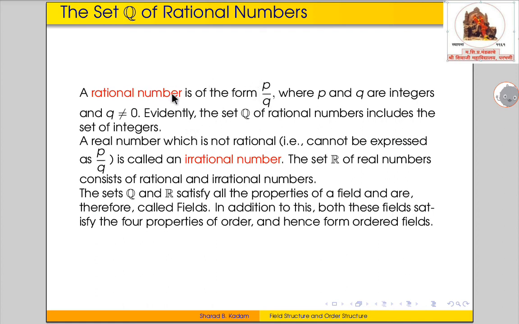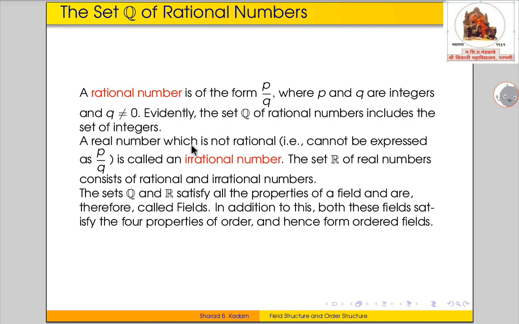From the definition of rational numbers, we conclude that every integer is a rational number. For example, if we take an integer 7, then 7 can be written as 7 upon 1. 7 and 1 both are integers, 1 is non-zero and GCD of 7 and 1 is 1.